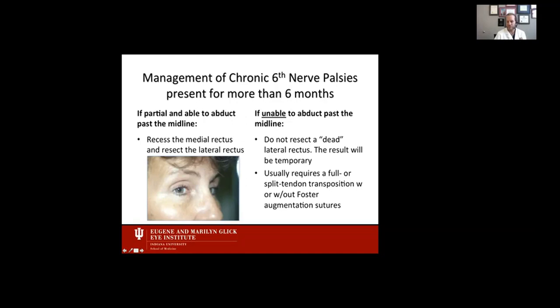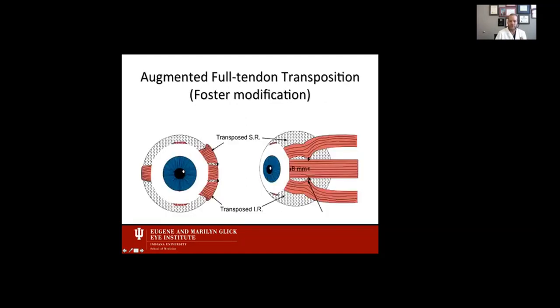Therefore, these people usually require the full tendon transpositions that we talked about in the previous lecture series. We talked about fundamentals and using the rectus muscles, but simply moving the superior and the inferior rectus laterally towards that paretic lateral rectus, and maybe adding this Foster augmentation suture 8 millimeters back is a nice trick when you have a fully paretic dead lateral rectus.